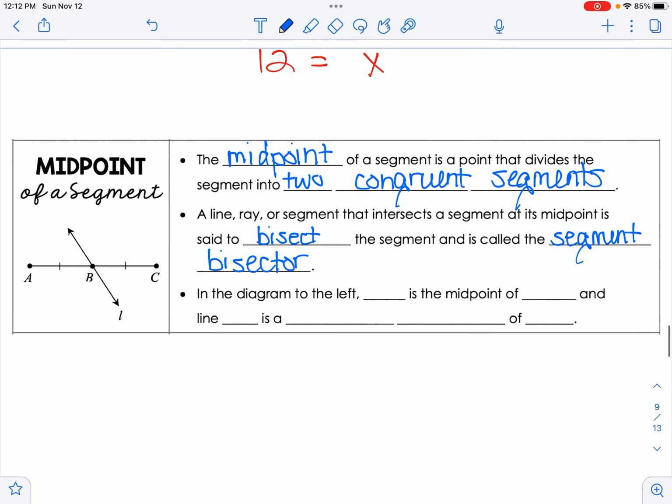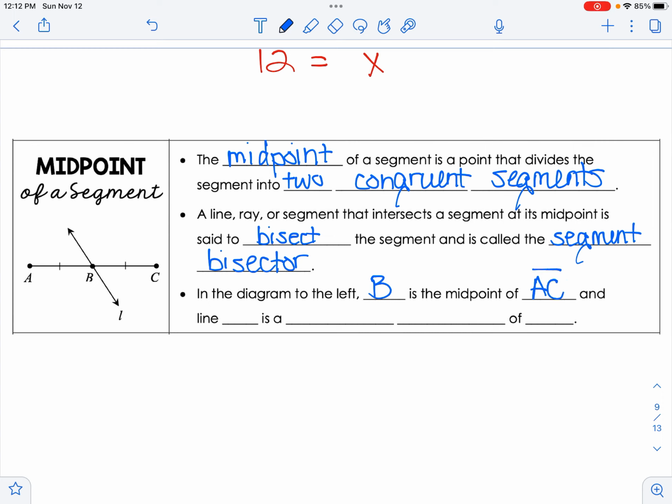Okay. So now, if we look at this diagram over here, it says in the diagram at the left, what is the midpoint? Okay, so you can see that AB and BC are the same because of the tick marks you see here. That means they're congruent. So that means B has to be the midpoint of that whole segment AC.